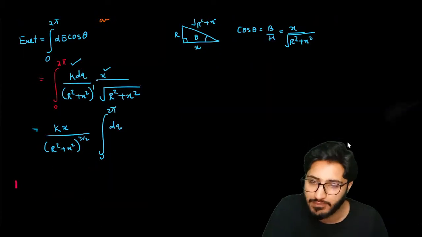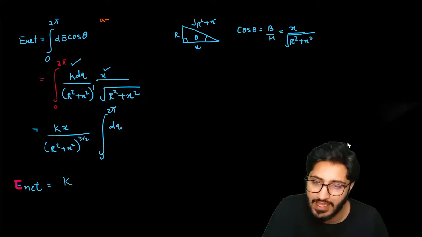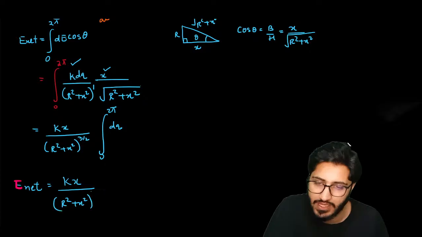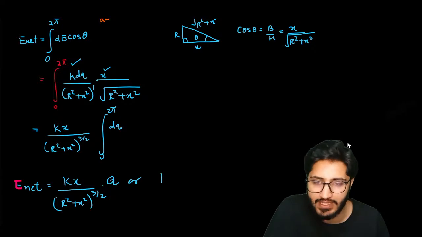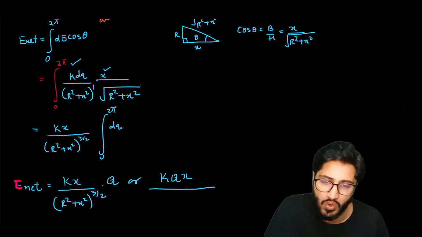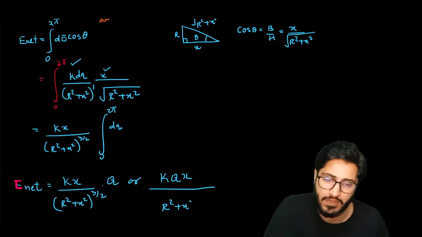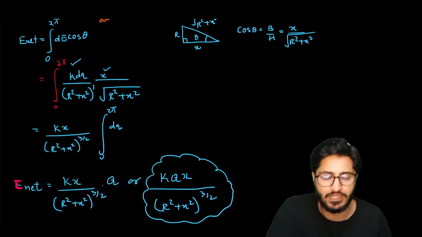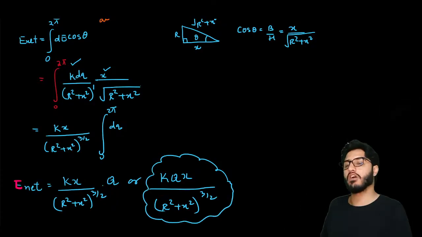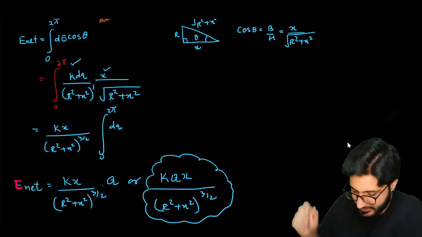My E net will be equal to K X whole divided by R square plus X square to the power 3 by 2, then the integration of dq will be Q only. So you can write K Q X whole divided by R square plus X square to the power 3 by 2. This is the electric field intensity on the axial point of a ring.